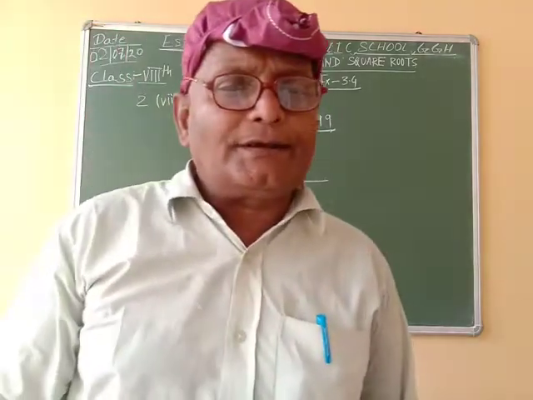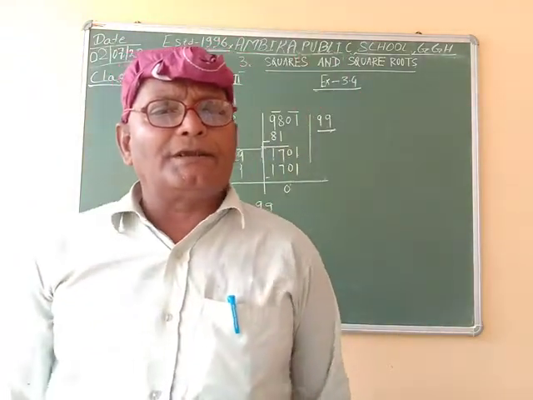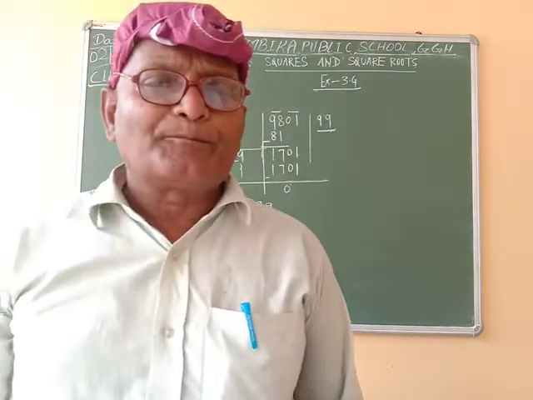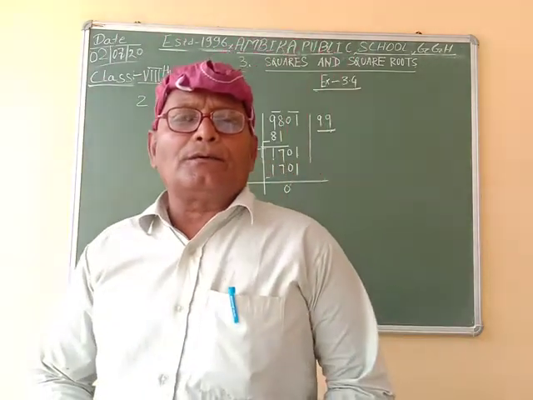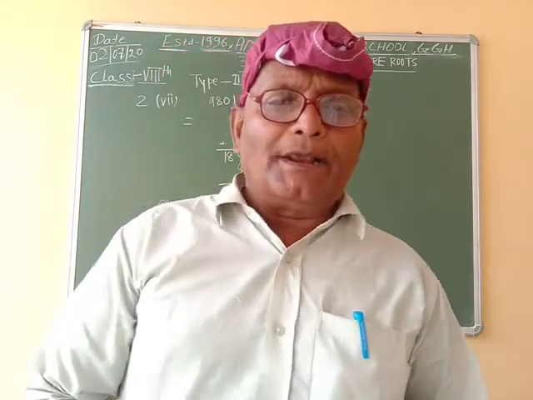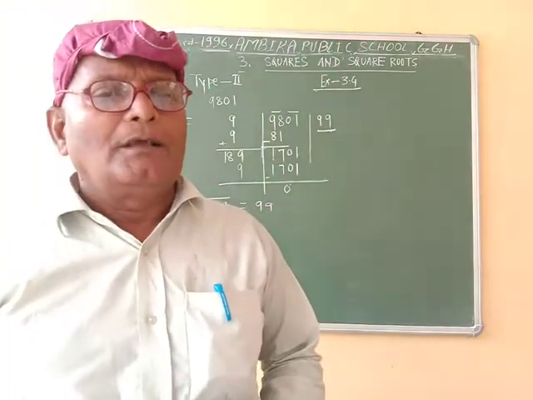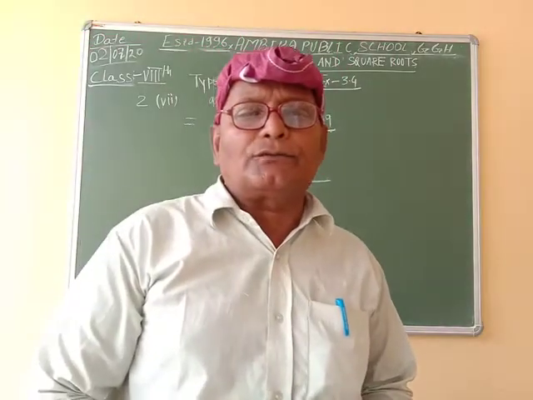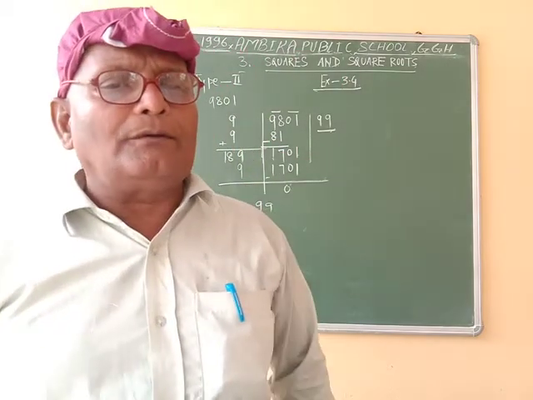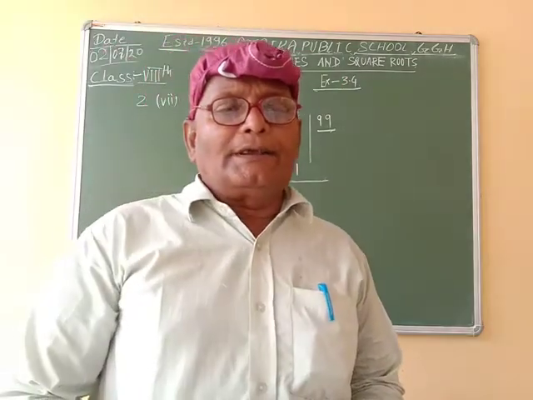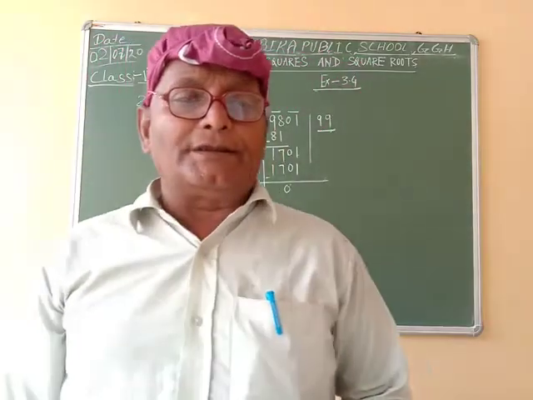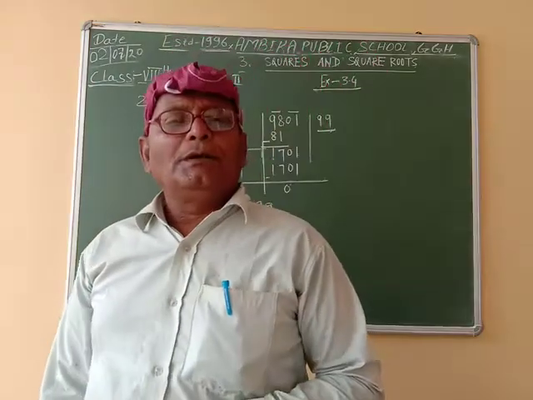And the next question is: find the number of digits in the square root of each of the following numbers without any calculation. To find the number of digits in the square root of the following numbers, I have solved, and you have learnt that if the number of digits in a number is even, then the number of digits in the square root is equal to n by 2.